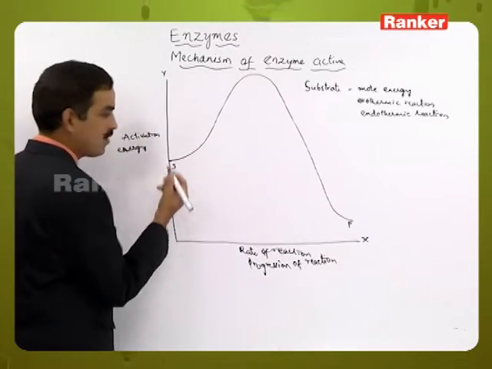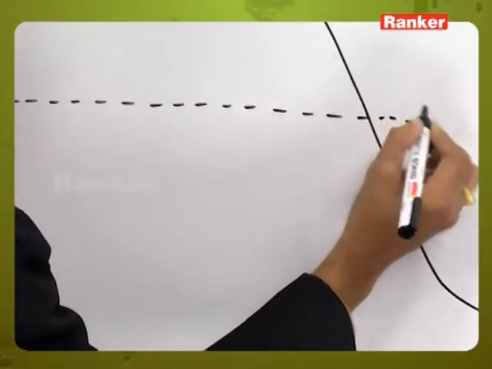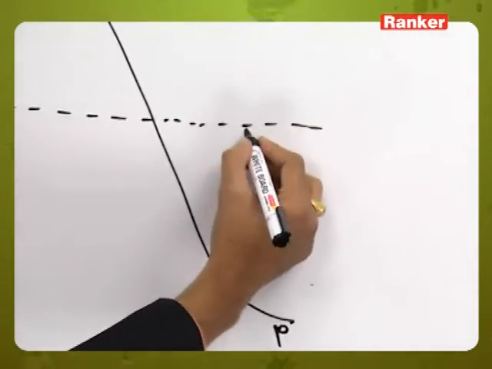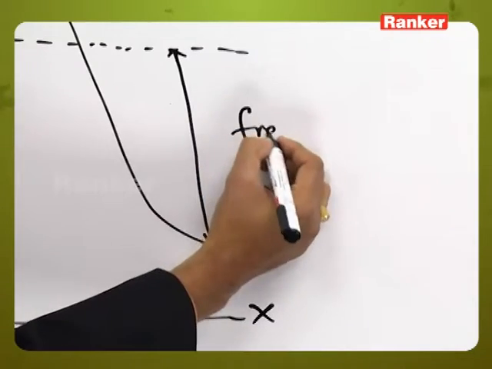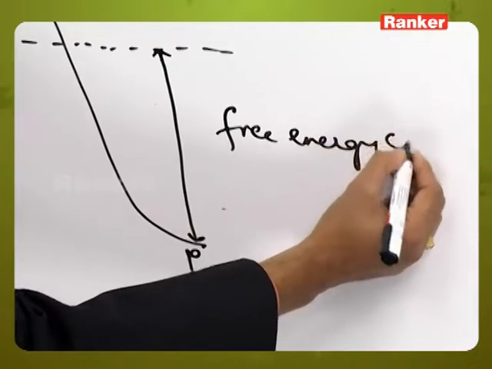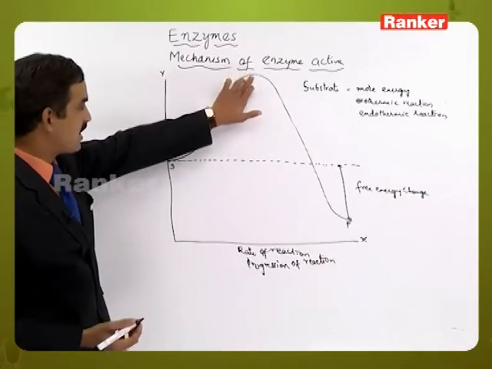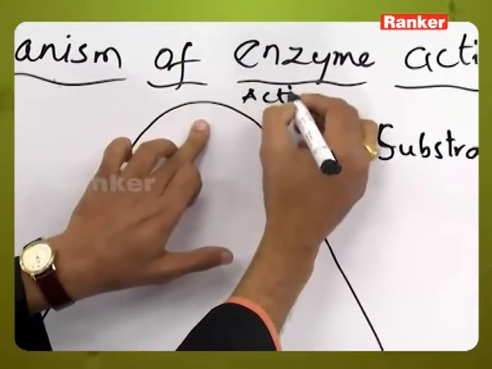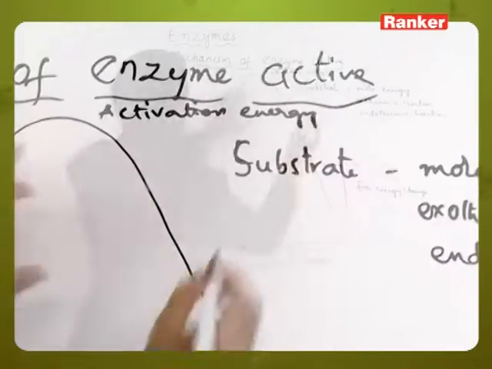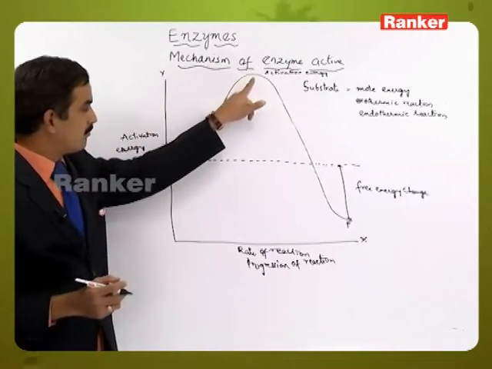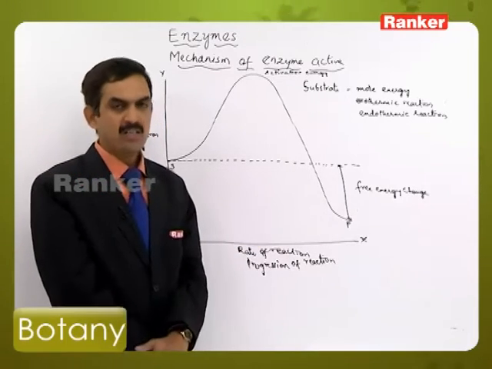So the substrate and the product. This shows the difference in the energy levels of substrate and the product molecule. This is the free energy change, and this is the activation energy. The substrate has to pass a barrier called the activation energy barrier, and only then can it be converted into the product.